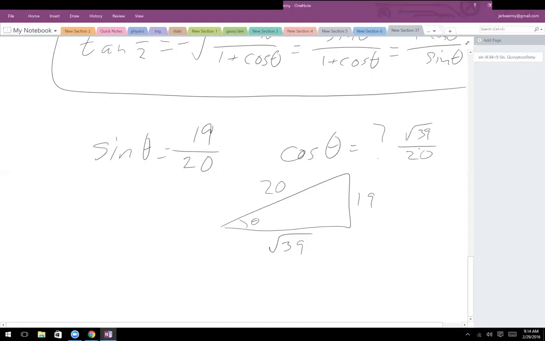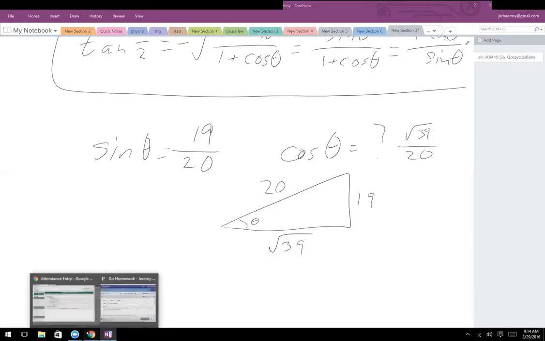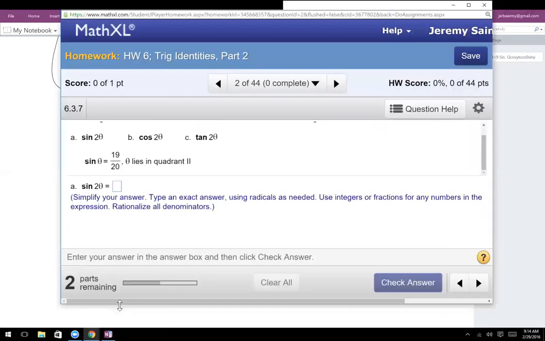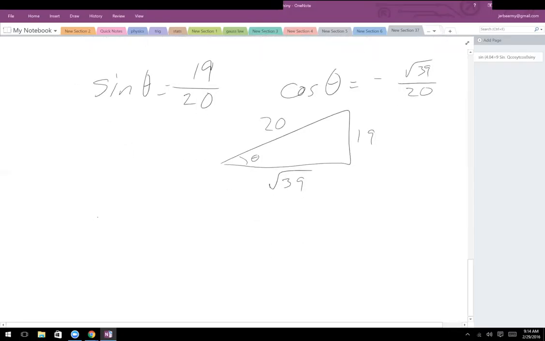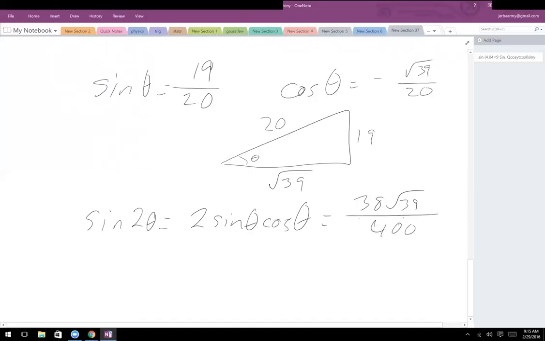So square root of 39 over 20, except it did say in the problem that theta is in quadrant 2, so it's actually negative. So sine 2 theta is 2 sine theta cosine theta, which is going to be 19 times 2 is 38, root 39, 20 times 20 is 400, and it's negative.